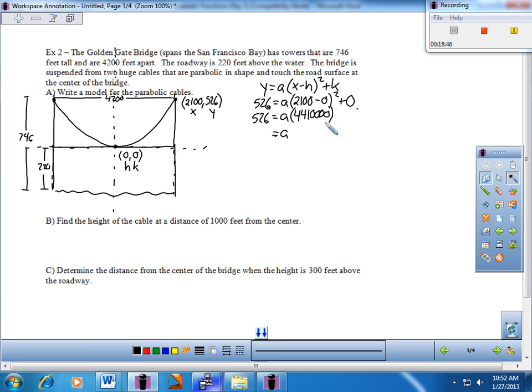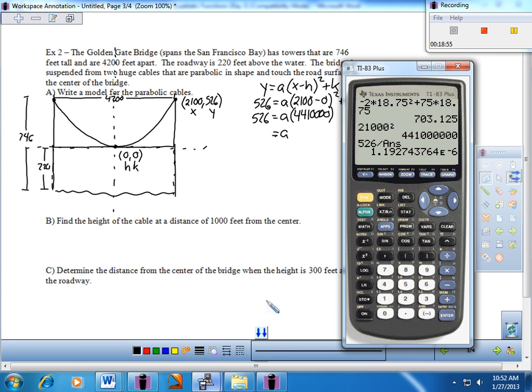I was wondering, it did look a little too small for my taste, but I'm thinking it's something like that. So let me go back and do it one more time. Here's where I did it. Accidentally tapped an extra 0. Should have been 2100. I typed in 21,000. Okay, so let me see. Now I can fix that. Not a problem. 526 divided by 441. And shouldn't change things up dramatically there. Yeah, I like this a little better.